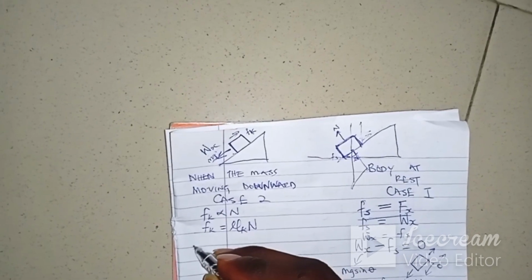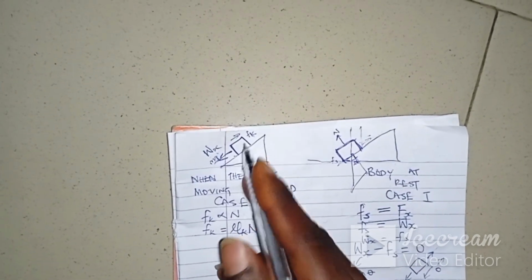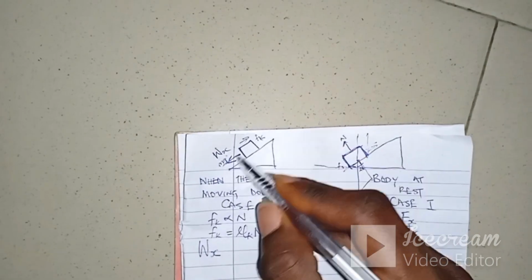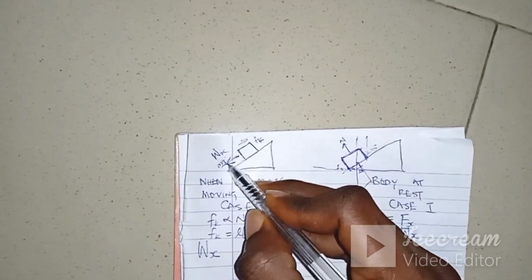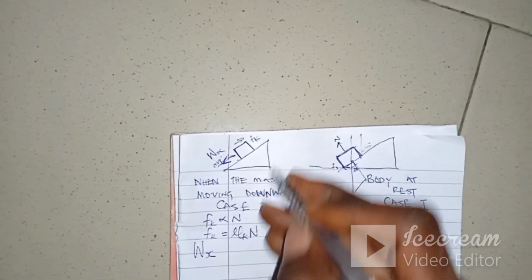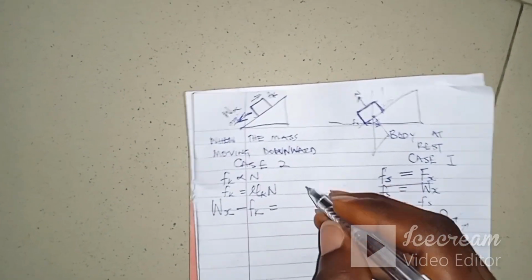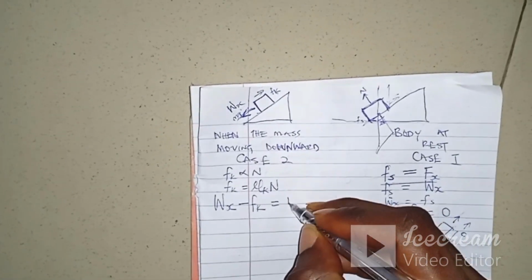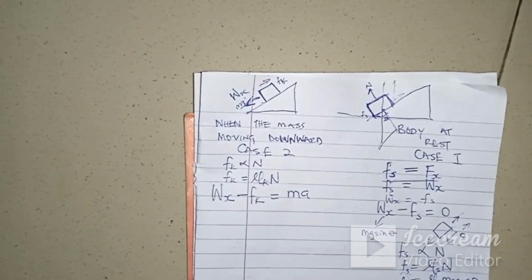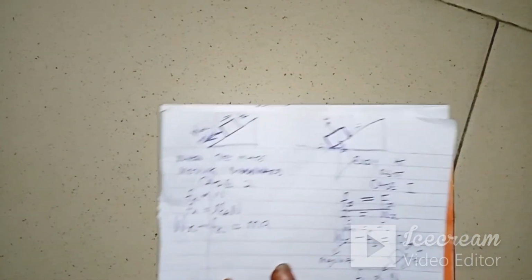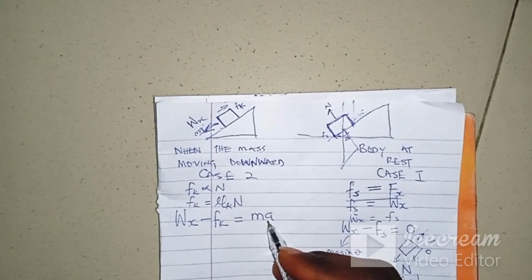So the forces on this object: Wx is going in the opposite direction to Fk. Since it's moving down, forward minus backward, Wx minus Fk is equal to ma. This is the net force of the system. Somebody will want to ask me, where did the ma come from?